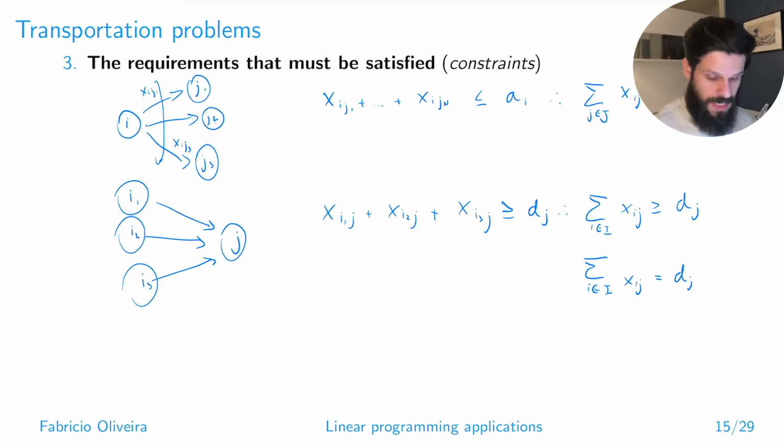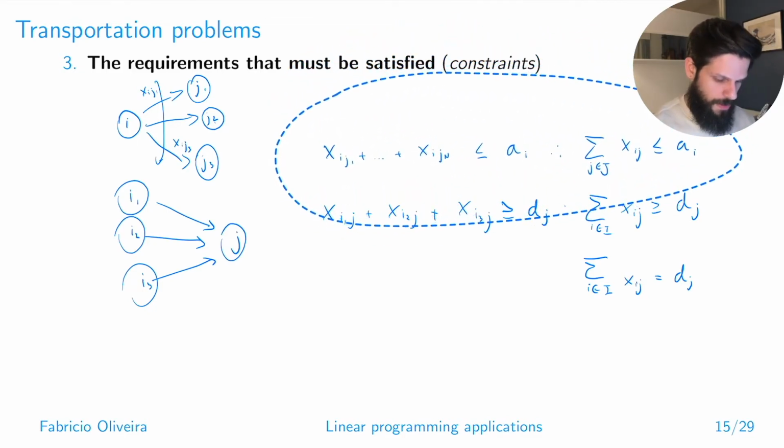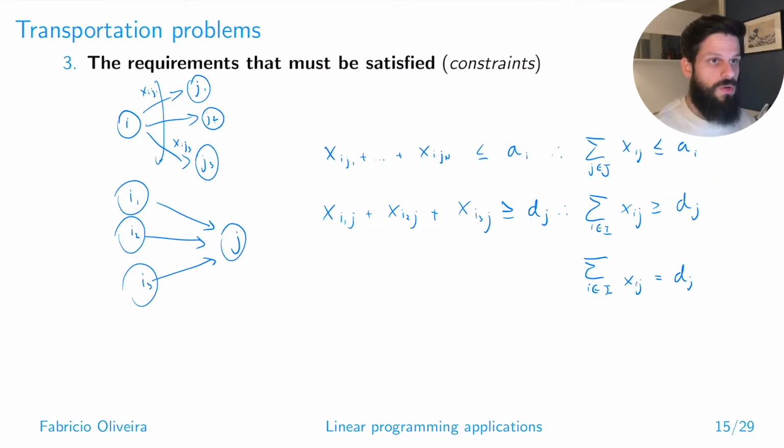Because you're not going to send more than you actually need. But on the other hand, by writing it like this, you give the model a bit more flexibility, because it might make sense in some specific context to send more than the demand.